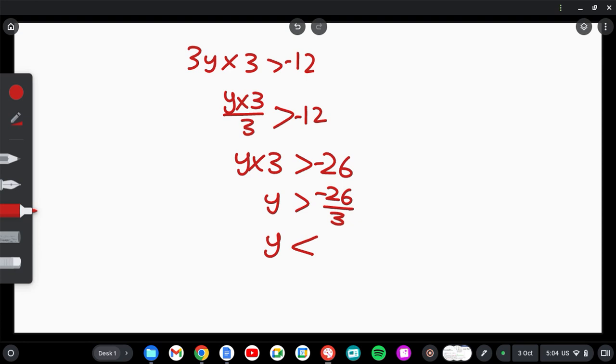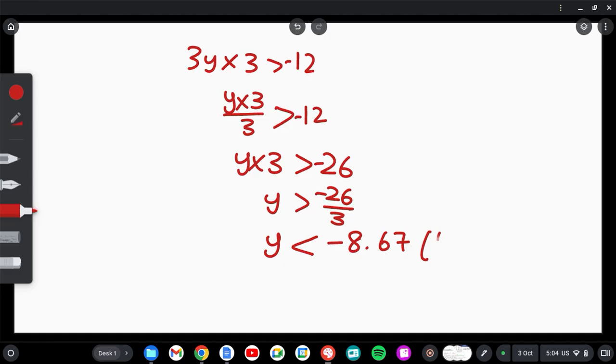Okay, so you have minus 26 divided by 3. Okay, you should be able to get less than 8.67.